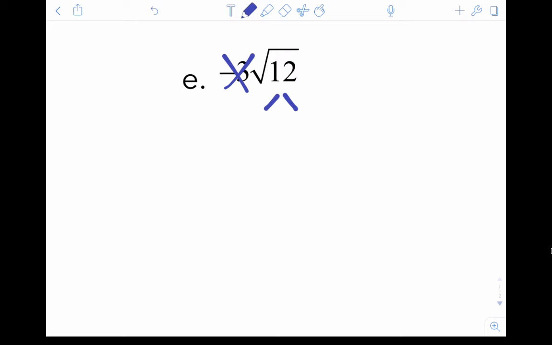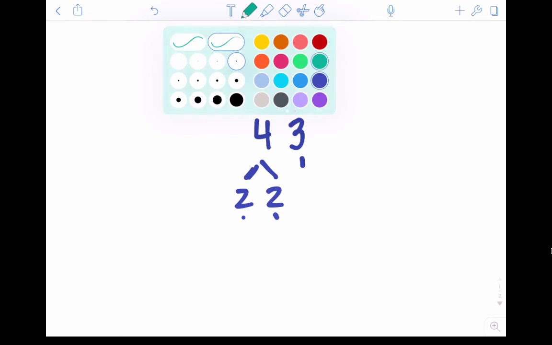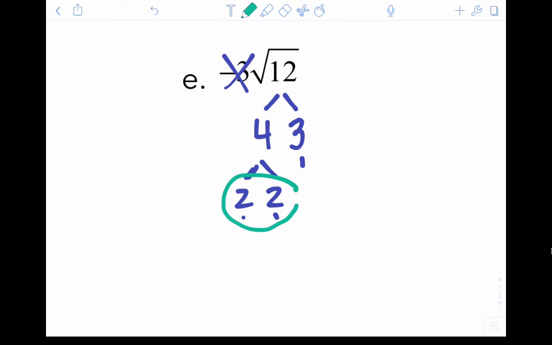So 12 divides to 4 and 3, or 4 and 3 are factors of 12. 4 breaks into 2 and 2. My 2's are done and my 3's done. Now I need to circle my pairs and box my single.